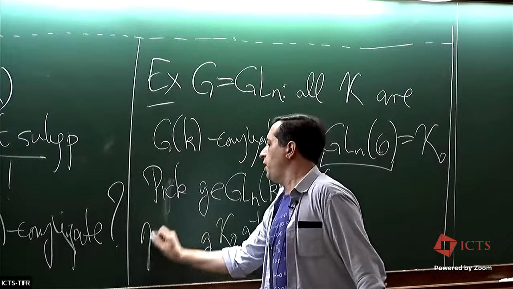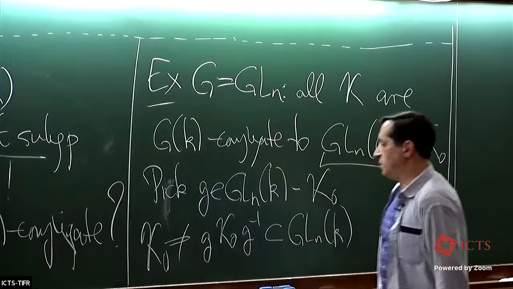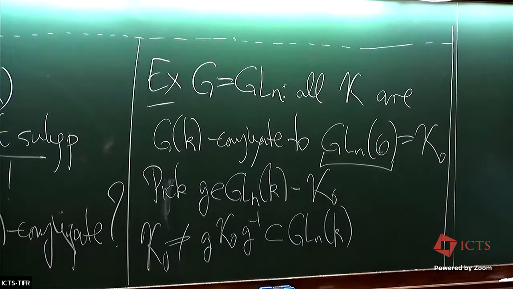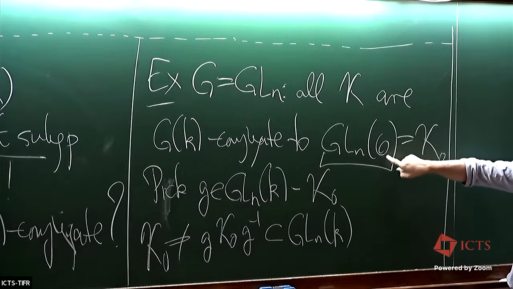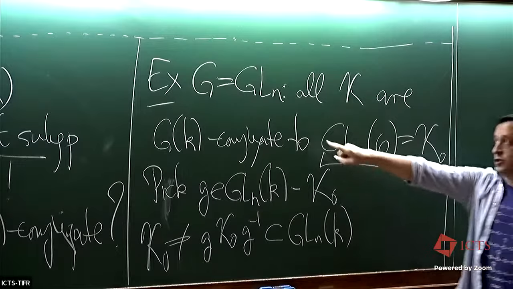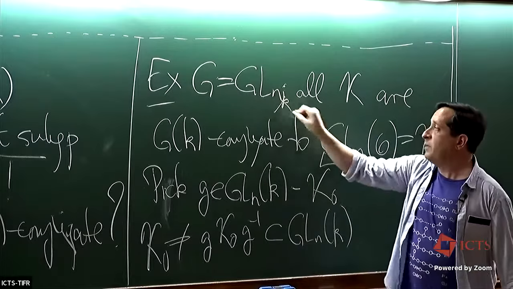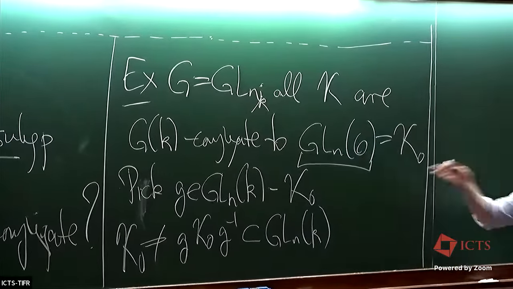So this is different from K0, but you see this guy and say, oh, this is nice because these are the integral points of some kind of integral structure on this group that begins life over little k. So what about this conjugate?